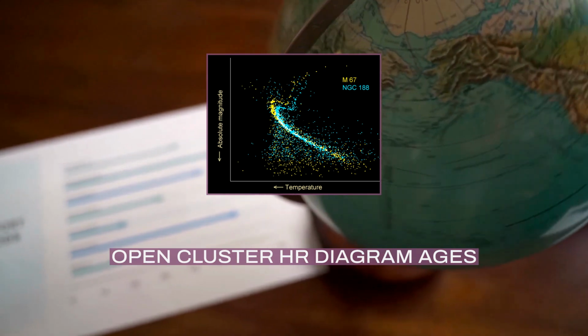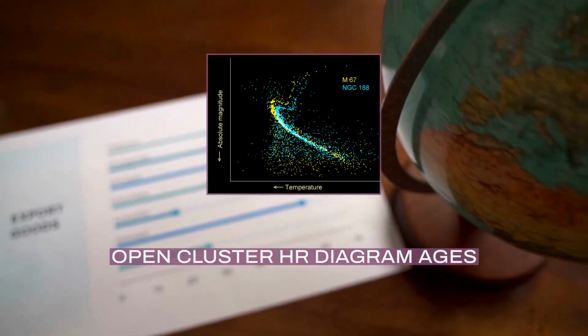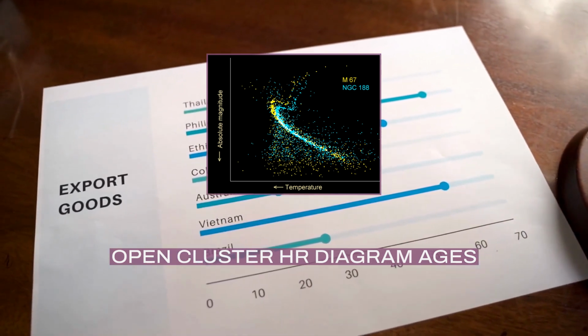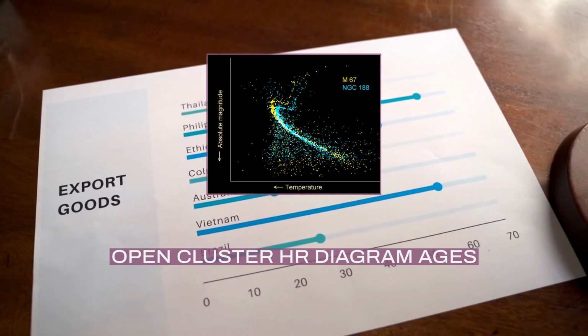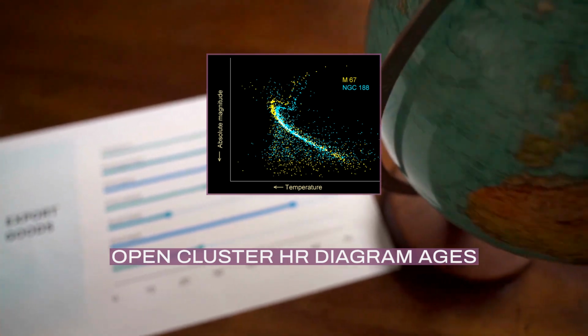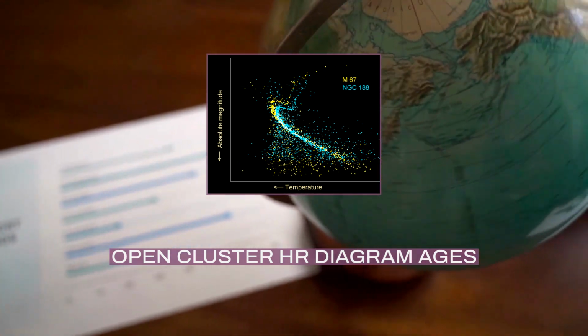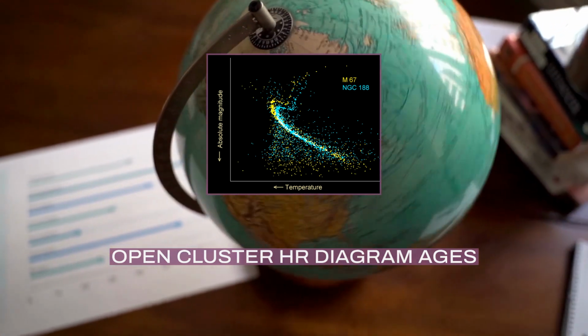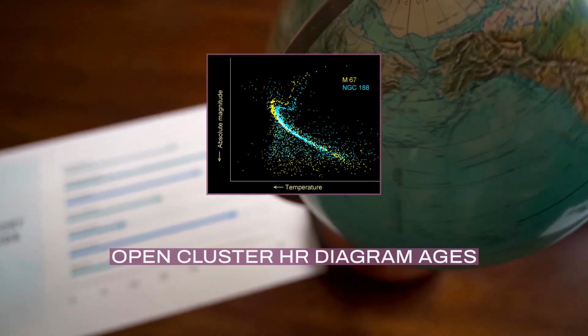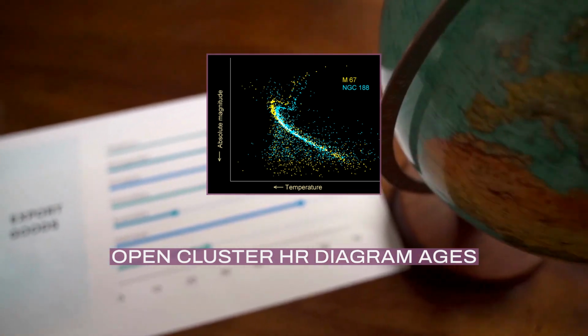When an HR diagram is plotted for a group of stars which all have the same age, such as a cluster, the subgiant branch may be visible as a band of stars between the main sequence turn-off point and the red giant branch. The subgiant branch is only visible if the cluster is sufficiently old that stars have evolved away from the main sequence, which requires several billion years.